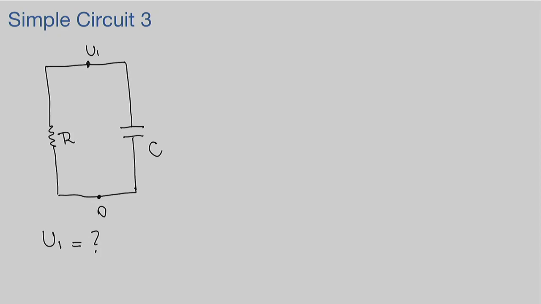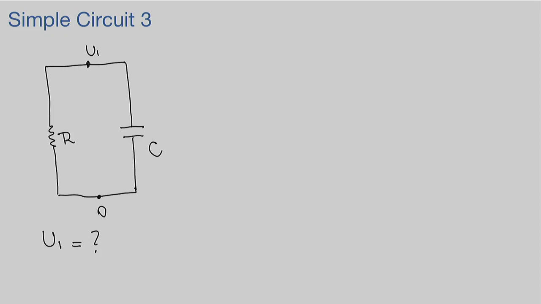Okay, so the question I have: I give you this circuit, a resistor and a capacitor connected as such, and I ask you, what's U1? How would you solve for that? You say, oh, I know because blah, blah. Or you say, oh, I don't know, but I know the methodology. I will use the methodology.